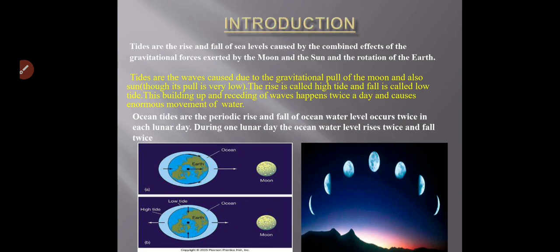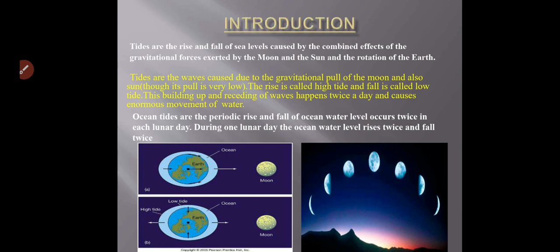In general language, tide is the gravitational force of the sun and moon combined with the rotation of the earth resulting in an alternate rise and fall of the sea level. At one place, it usually occurs twice on a lunar day.